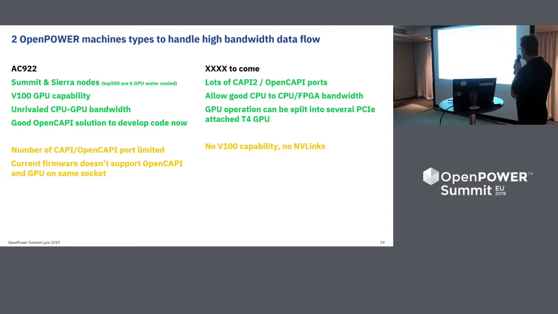It still allows an excellent CPU to CPU and CPU to FPGA bandwidth, thanks to OpenCAPI, and GPU operation can be split into several PCI Express attached T4. So no V100 capability, no NVLinks in this machine, but it's a very good machine to test FPGA acceleration. Whatever you were used to doing on GPU, now we are encouraging you to test if you can push some acceleration, very basic computation, into FPGA.